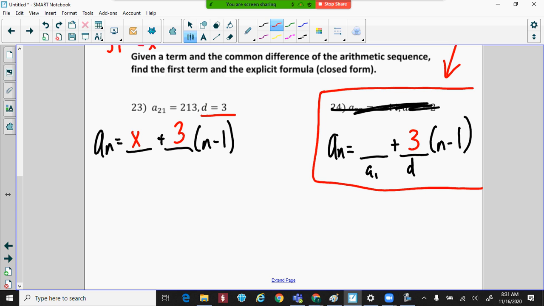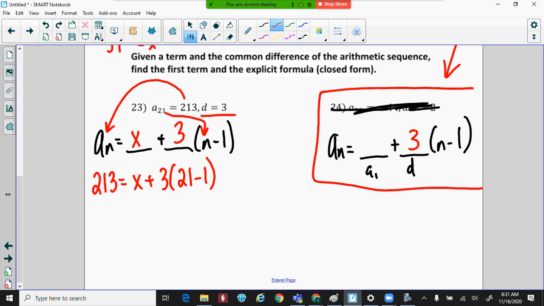Okay, but I am given my 21st term. So using my 21st term, I'm going to work backwards. So 213 goes there, 21 goes there. So 213 is equal to x plus 3 times 21 minus 1.